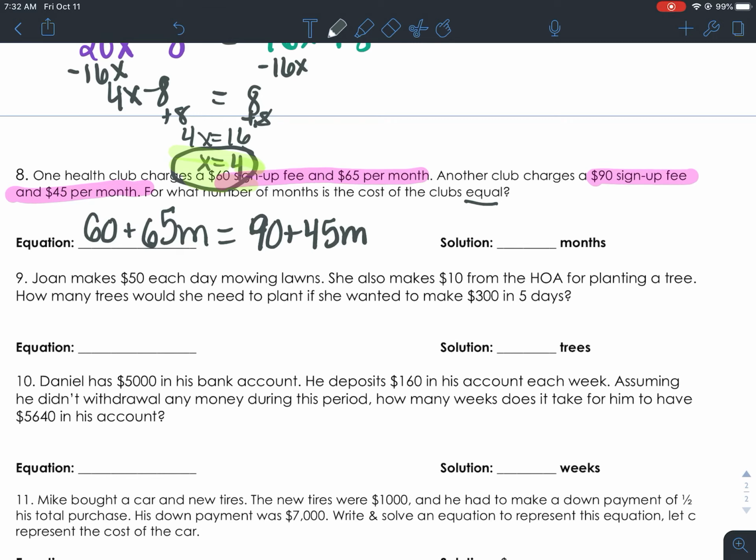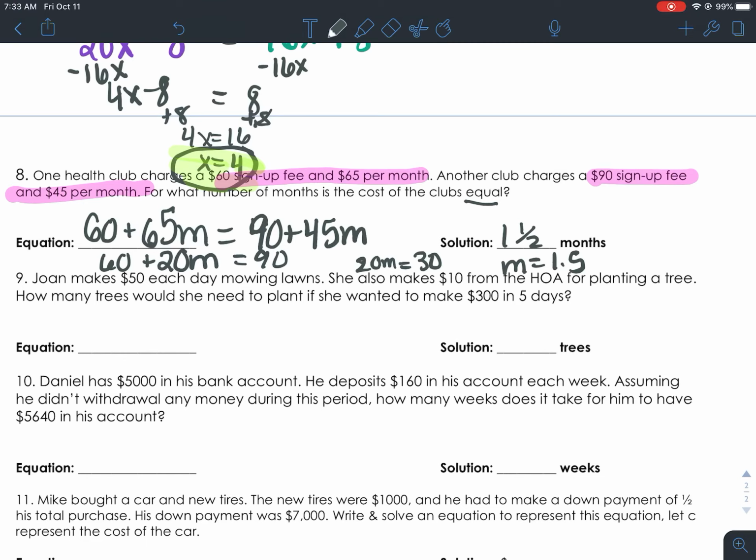If I subtract 45m from both sides, you get 20m plus 60 equals 90, and then if I subtract 60 from both sides, I get 30. And once I divide, I should get 1.5 months for that one.